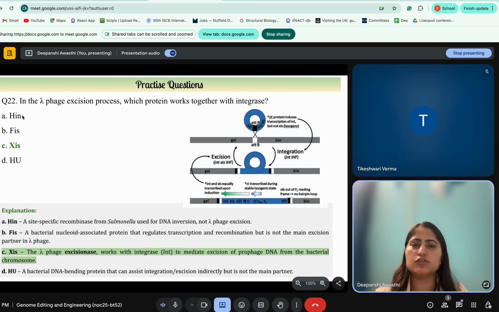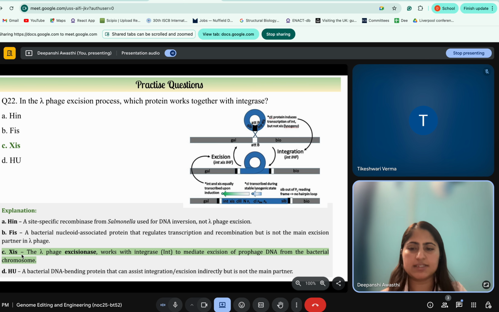So let's also discuss the other options. HIN is a site-specific recombinase from Salmonella, and it is used for DNA inversion, so it is not involved in lambda phage excision. If we talk about FIS, this is a bacterial nucleoid-associated protein which regulates transcription and recombination, but it is not the excision partner in the lambda phage.